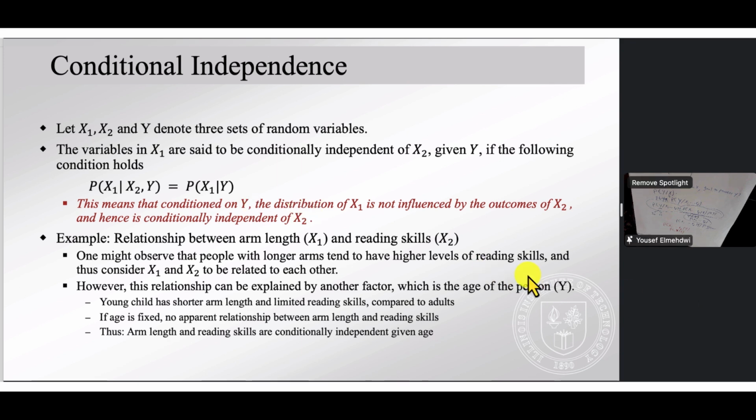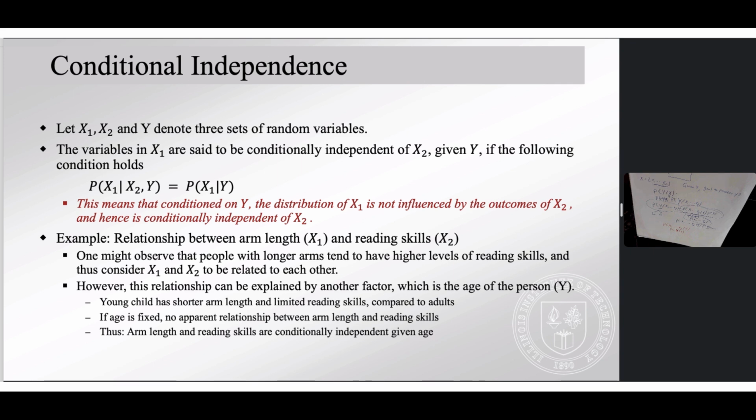The first one I'm going to talk about is called conditional independence. Remember, we talked about the naive Bayes classifier: we assume that all the attributes, the features, are independent, which is not realistic in all situations. Sometimes they can be independent, but this is to simplify the process. When you do that, it helps us compute the probability of x given y, and we're going to look at how you can do that.